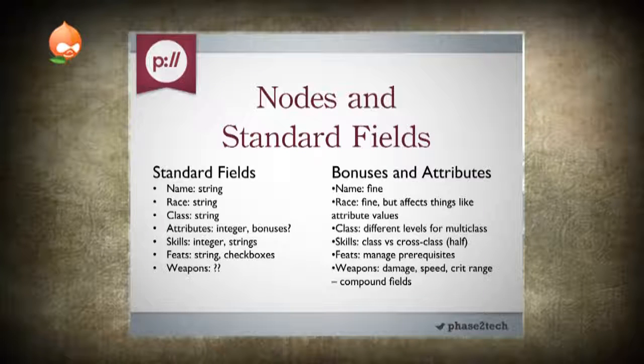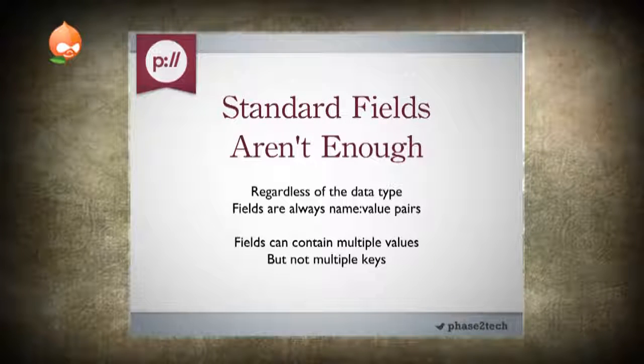So it's obvious that standard fields are not enough. Regardless of the data type, your data using standard fields, API fields, they're name value pairs. At the end of the day, regardless of it being a string, an integer, a float, whatever, just a name value pair. Now you can create multiple values, but that doesn't really give you multiple keys.